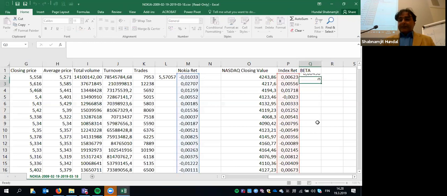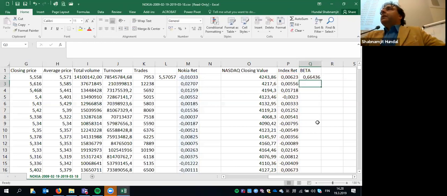0.66. Goodness gracious me, this is a discovery. Nokia's beta for the last 10 years is 0.66. What does it mean? It means that if the market goes up by 1%, Nokia's stock return will go up by 0.66%.